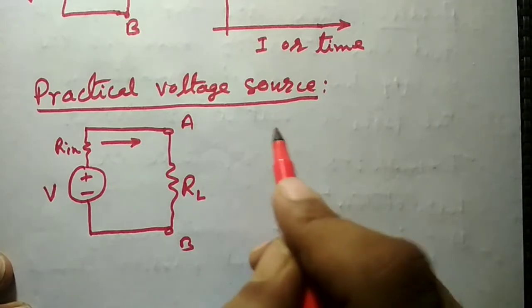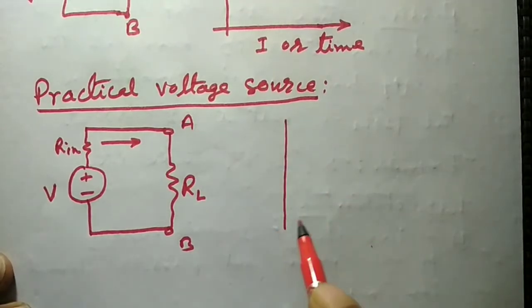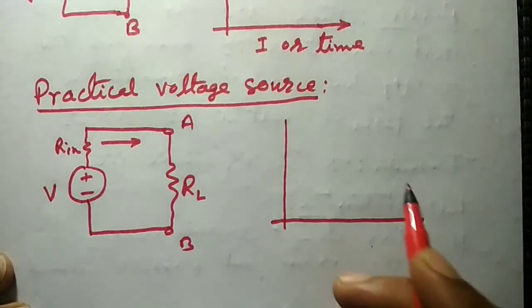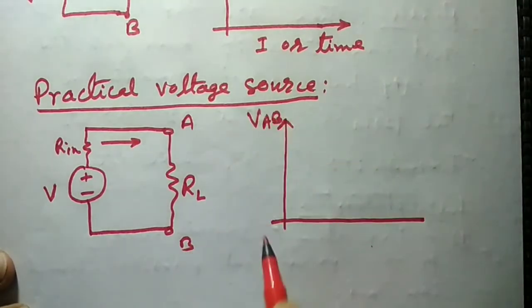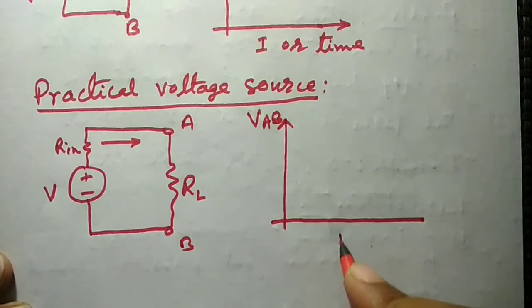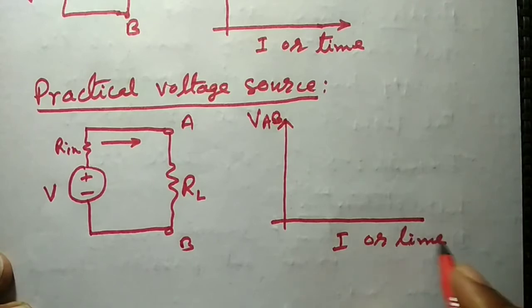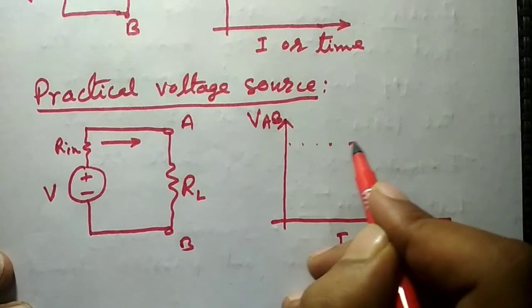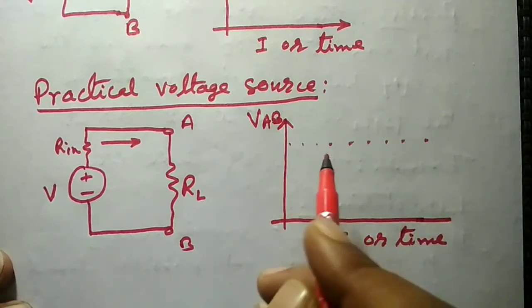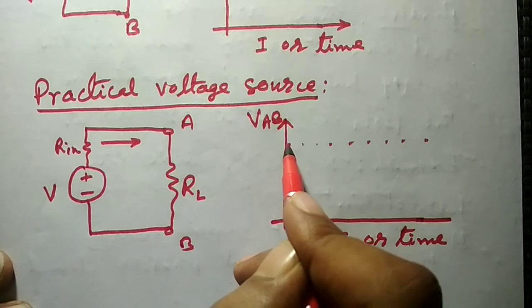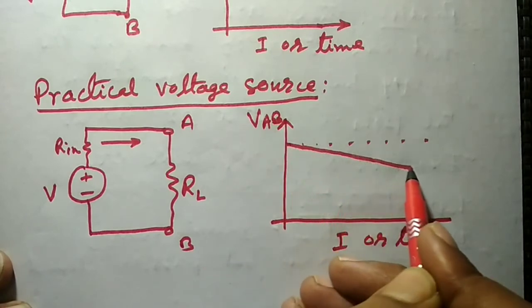So if we want to draw the characteristics of a practical voltage source, VAB is the voltage across the load terminal, and on the x-axis we represent current or time. So you can notice that if the load resistance is increased, if the current is increased, then the voltage across the load gradually decreases.